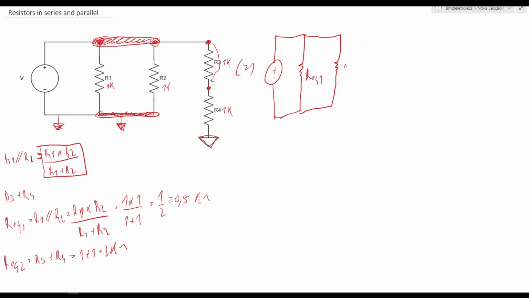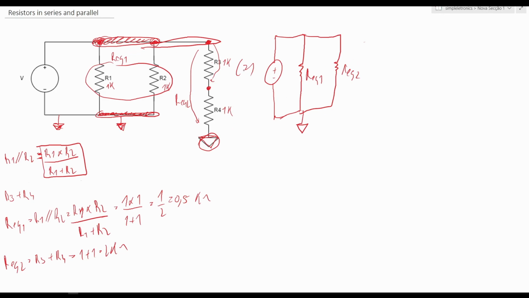This will be like this. Because over here is ground, it is one terminal of this R equivalent 2, and the other terminal is on the same node as this R equivalent 1. So we can say that this parallel is in parallel with this series, okay?